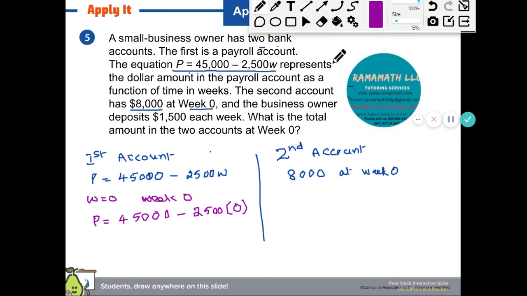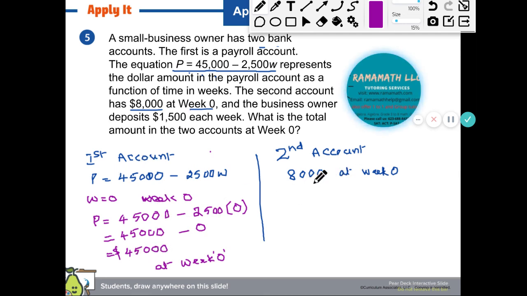What do you get for 2,500 times 0? 0. So this whole thing becomes 0, and then you have 45,000 minus 0, which is basically 45,000. So $45,000 at week 0. Everybody agree? So first account, week 0, we have $45,000.